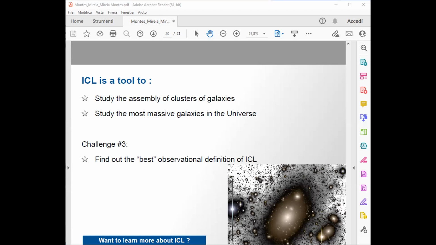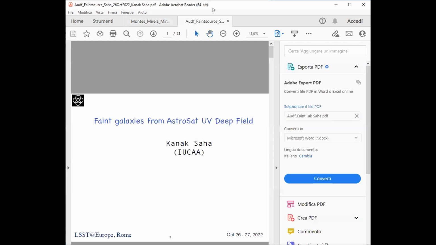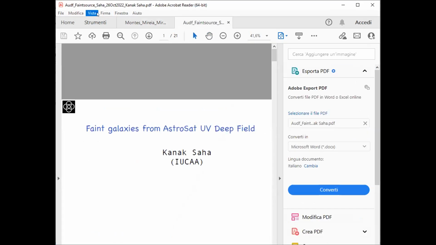There was a question on Slack from Nushkia: how much of the stellar mass does the ICL contain with respect to the mass of the cluster? That's a tricky question, because normally when we measure it, it's the fraction of light, since having deep enough observations is hard. Normally the fraction of light ranges between 5 to 20% of the total light of the cluster.